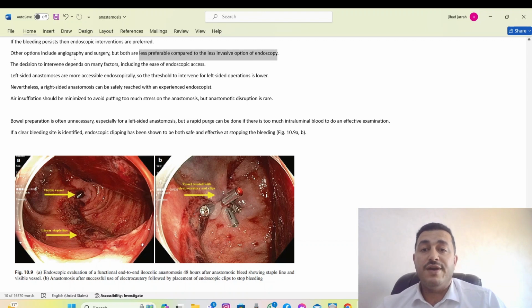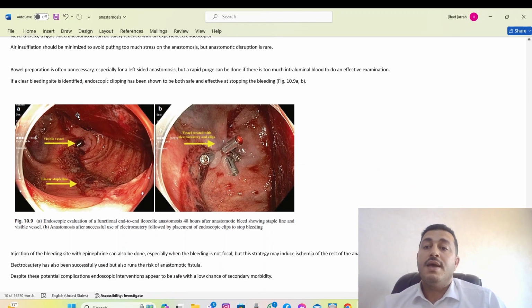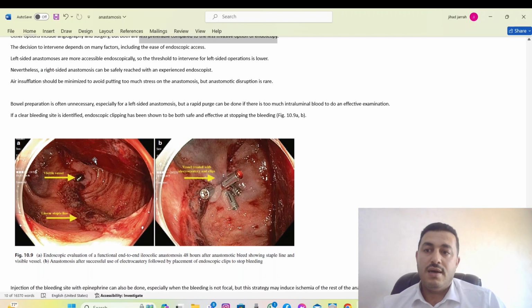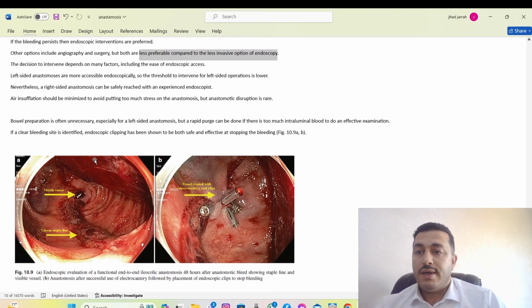The angiography carries the risk of ischemia, as we use vasopressin and embolization. Bowel preparation when we do endoscopy is not necessary actually.